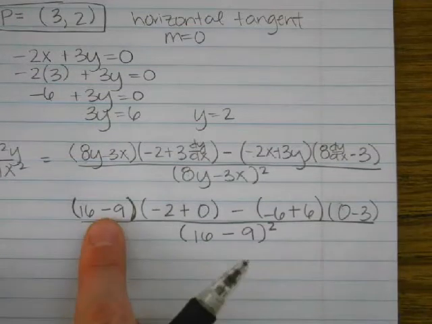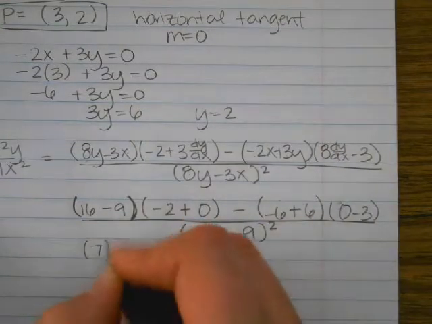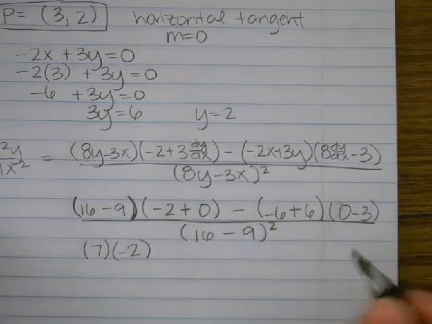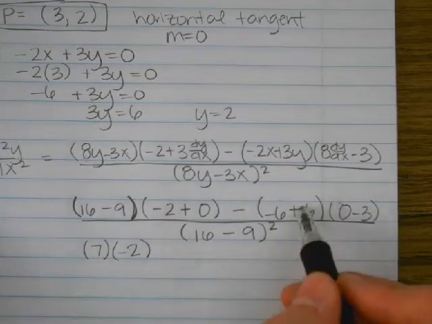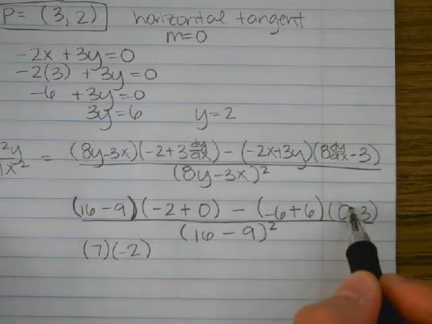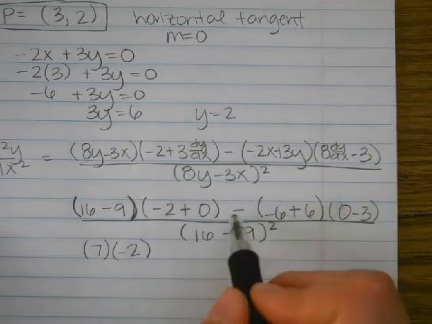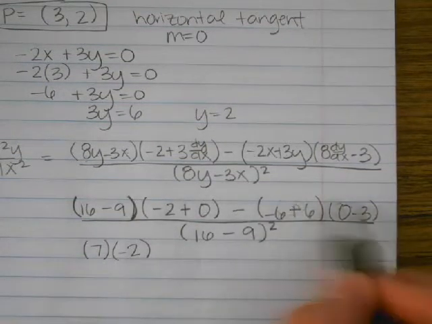All right. 16 minus 9 is 7. So we got 7 times negative 2. And what is negative 6 plus 6? 0. So over here we've got 0 times negative 3. I'm not even going to write that down because that's just nothing. You don't even have to worry about it because this is 0 and this wipes out that stuff.